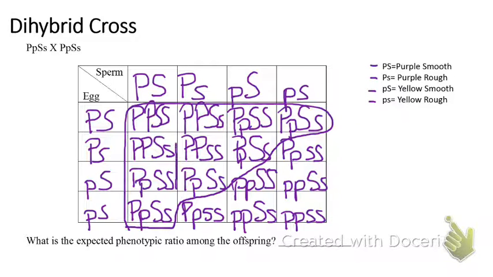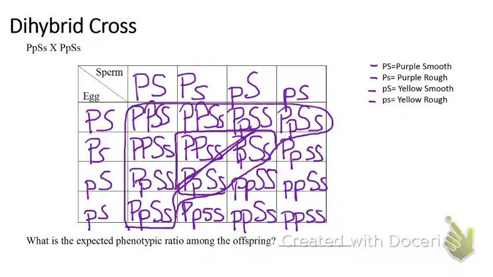Have to be careful how I do this. Right here. These are not. Did I do it right? No, I didn't. Let's cross through here. Okay, so we have 1, 2, 3, 4, 5, 6, 7, 8, 9 that are purple and smooth.